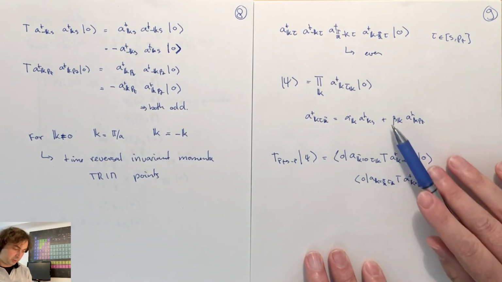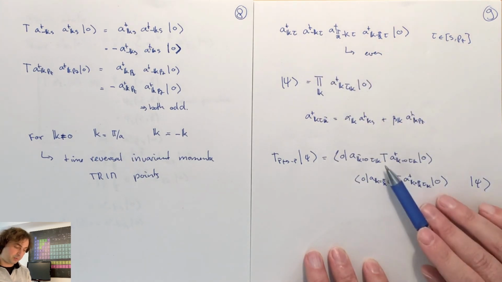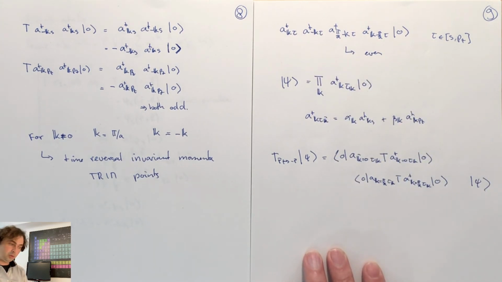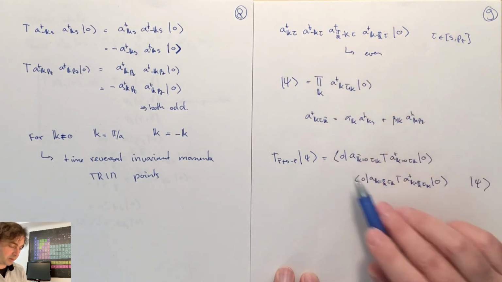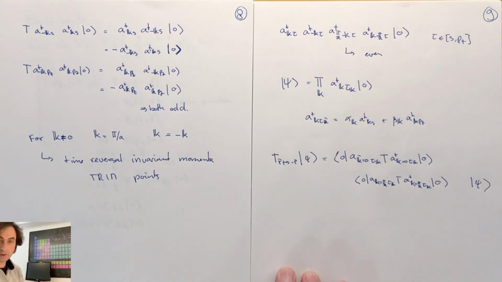So we do not have to look at all one-particle states, but we only have to look at the parity of 2 of the Bloch waves.